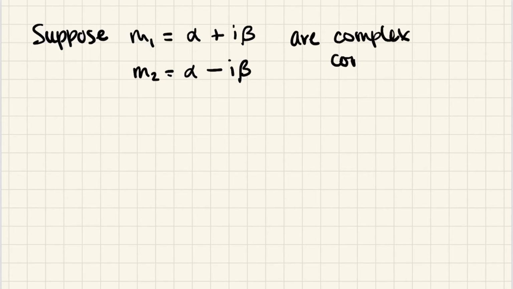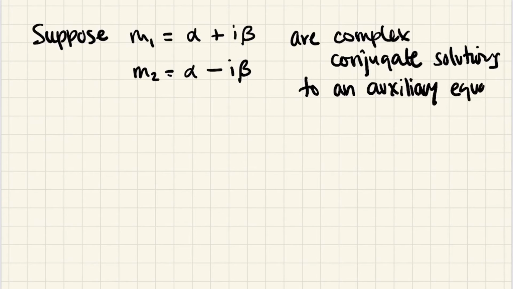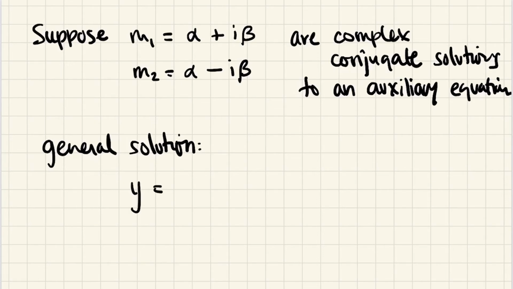So suppose we have two m values, and they're solutions to an auxiliary equation, and they're both complex, meaning they take on this particular form. And of course, they're going to be complex conjugates because of the quadratic formula. All right, well, the general solution is going to be, of course, y equals c1 e to the m1x plus c2 e to the m2x.